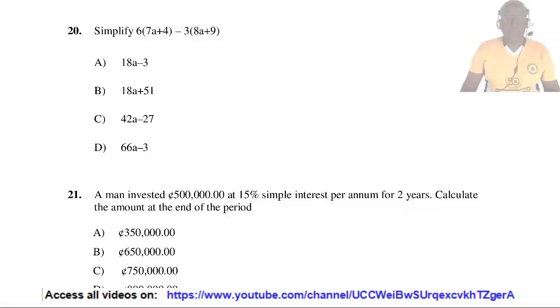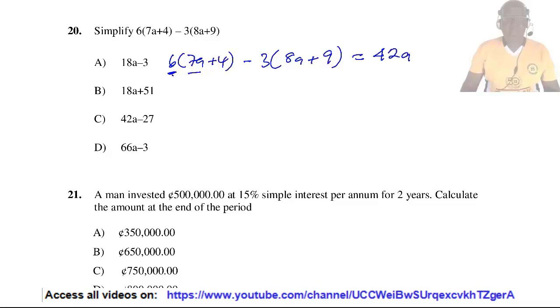Question 20. Simplify 6 times into brackets 7a plus 4 minus 3 times into brackets 8a plus 9. That is 6 times 7a plus 4 minus 3 times 8a plus 9. 6 times 7a will give us 42a. 6 times 4 will give us 24.